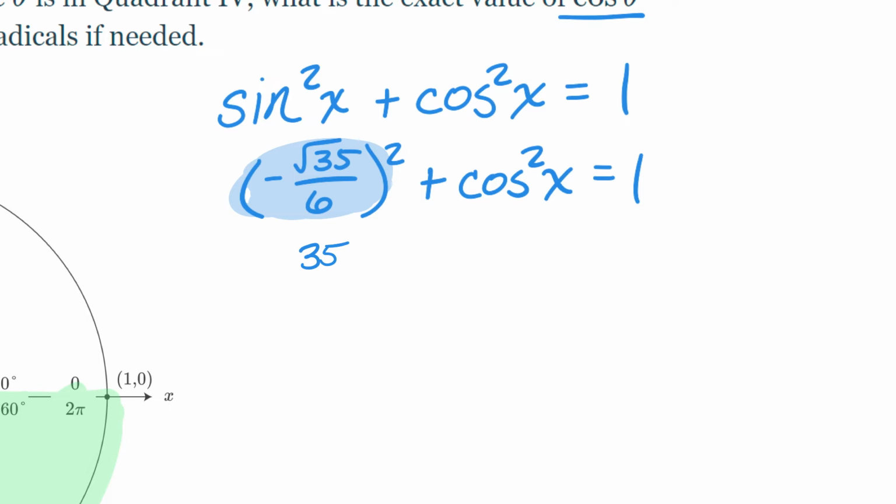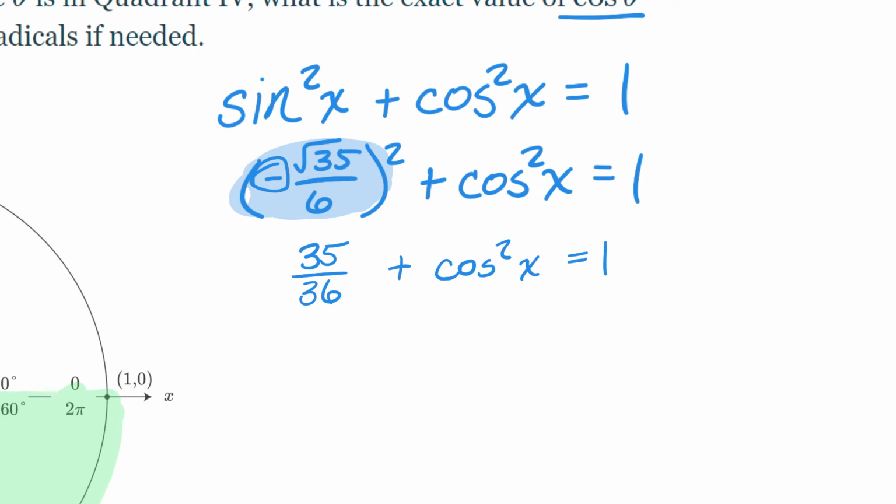When I square the denominator 6, I get 36. When I square a negative term, it then becomes positive. You should always get positive numbers coming out of this portion of the formula. Just like Pythagorean's theorem, you should have gotten the same thing. So it's going to be equal to 1.